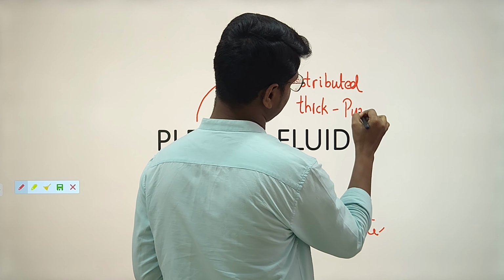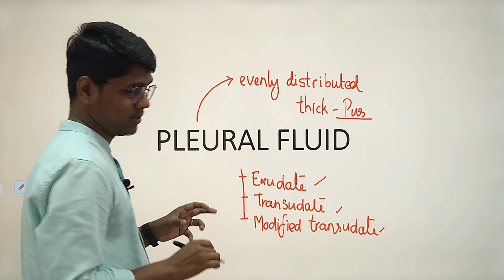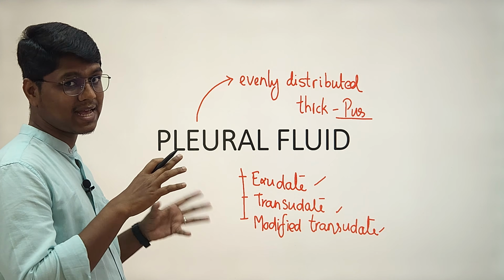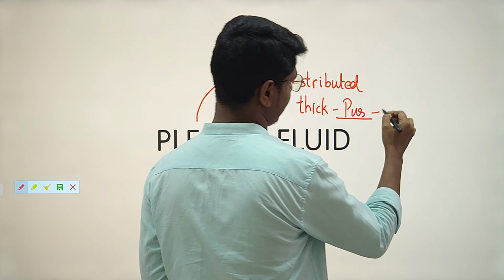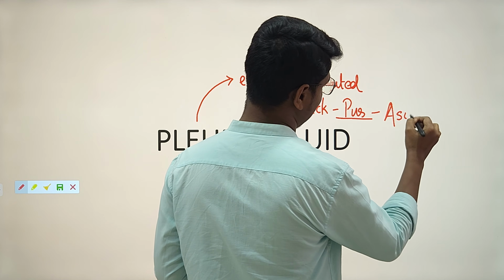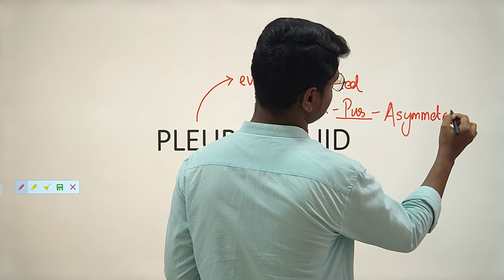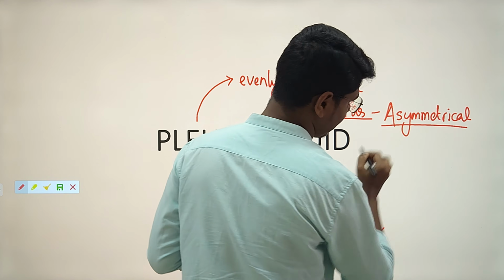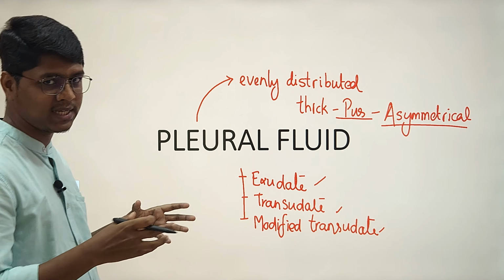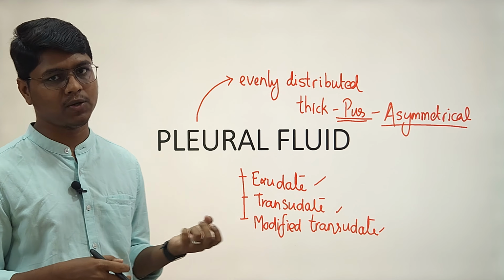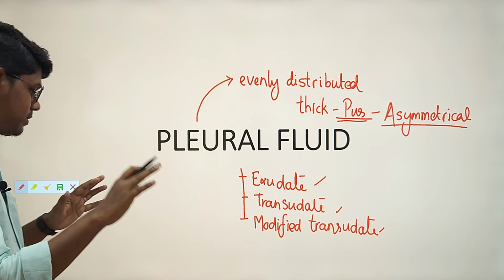We'll see radiographs also, especially in case of pyothorax. The fluid distribution is asymmetrical. When you find asymmetrical distribution of fluid, then you can tell that the fluid is kind of thick and it might be pus. The most common cause is pyothorax. We'll see all those radiographs.